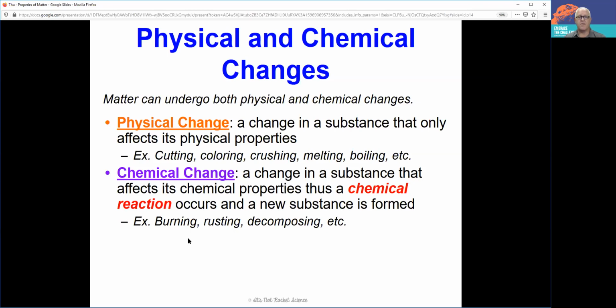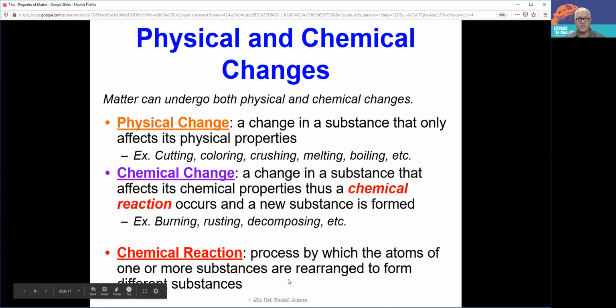Flame is going to happen, heat is going to come off, and as that wood is burning, we're putting carbon dioxide into the air, carbon monoxide into the air, some water vapor is going into the air, and what's left is some ash. So a chemical reaction has happened, and thus there is a chemical change.